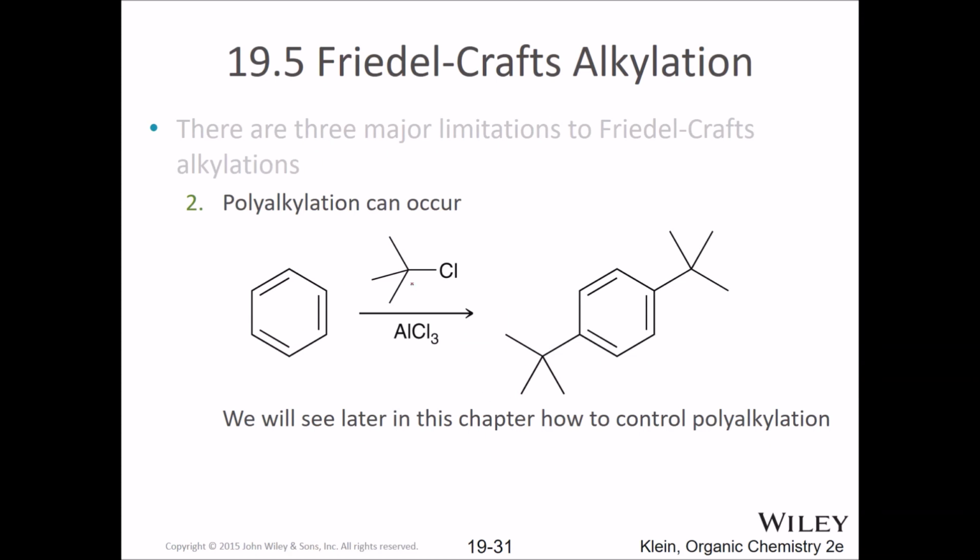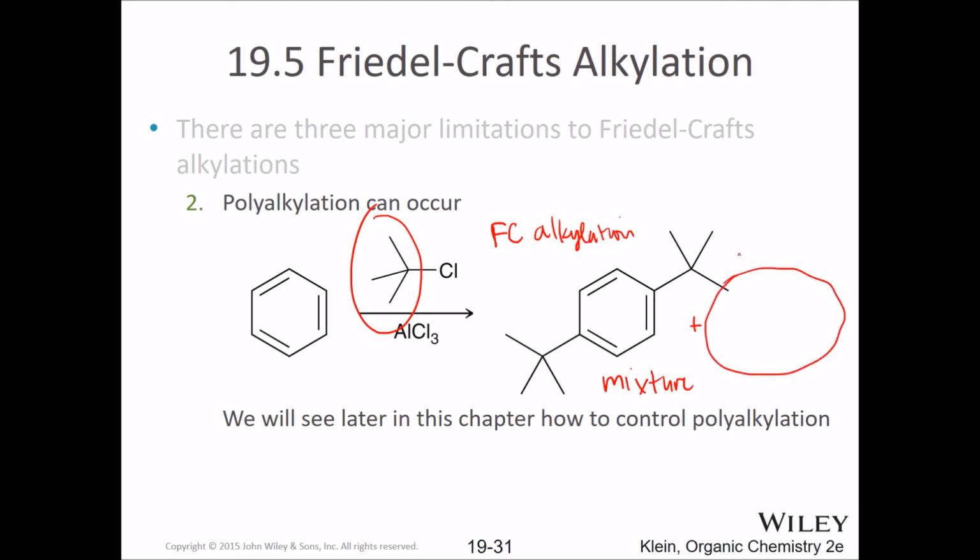If I try to put a tert-butyl group on there via Friedel-Crafts alkylation, I'm going to get a mixture of products. That plus what else? Just take a minute and write out what that means. I'm going to get that plus what else?